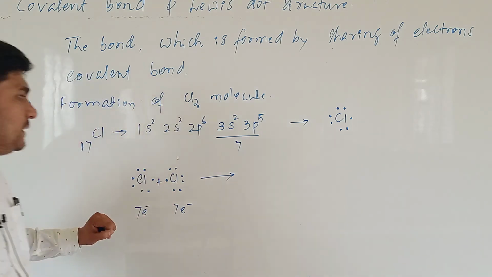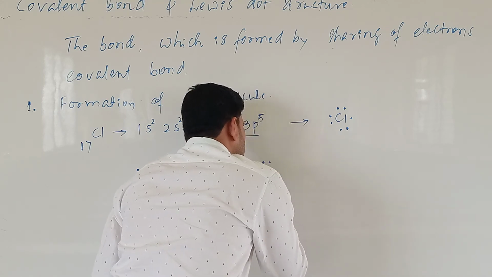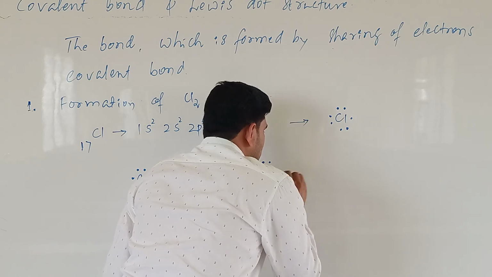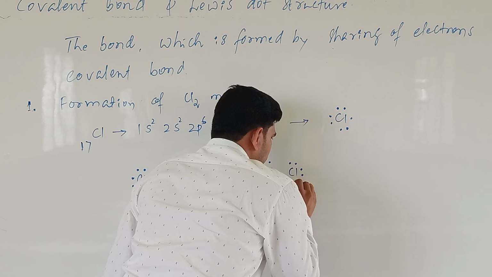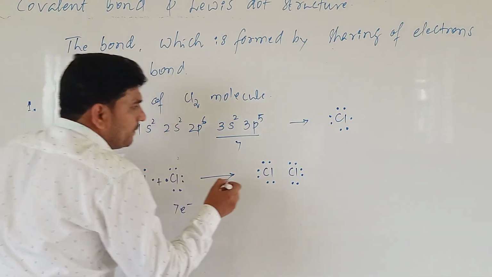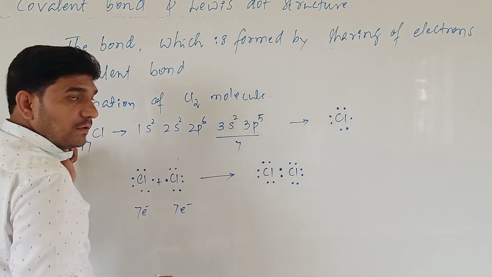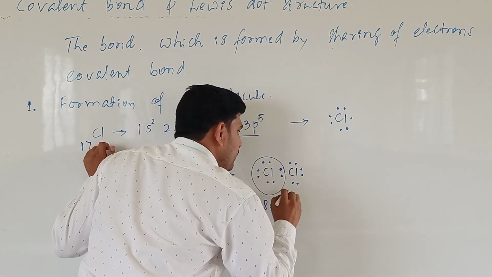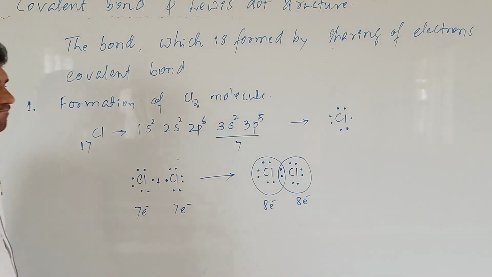When these two combine, they combine together by the sharing of electrons to get their octet. 6 electrons I wrote first. See, over here also 6 electrons. Now, these 2 electrons are remaining. You observe, they form a shared pair, and 8 electrons are over for each.